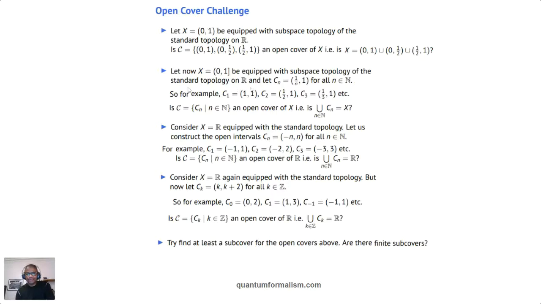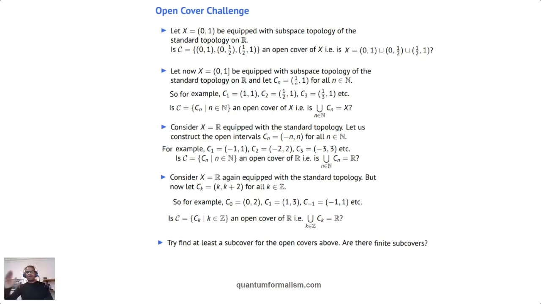So again, here's some construction of some open intervals defined like this. So Cn equals this open interval that goes from 1 over n to 1, for all n. Here I'm assuming obviously 0 is not a natural number, so we will argue this at another point.